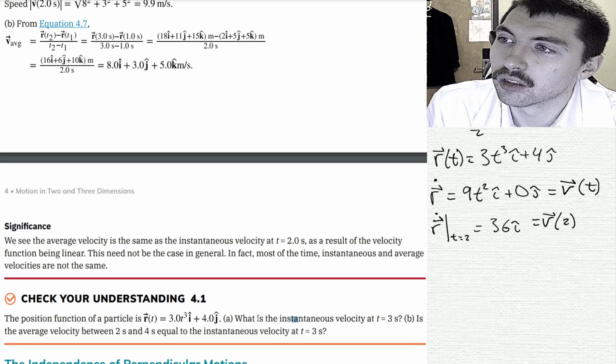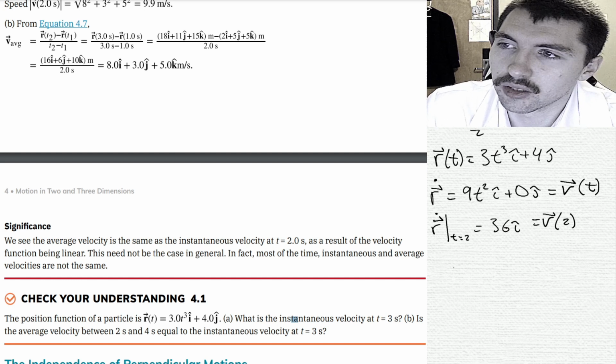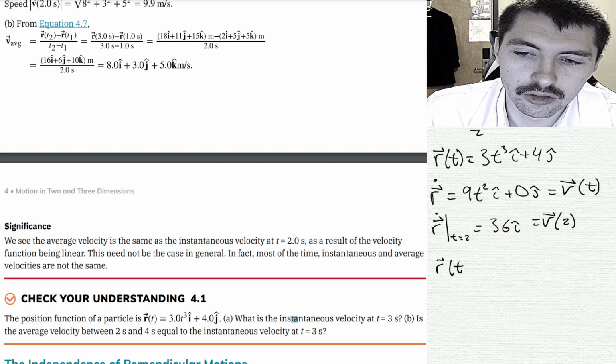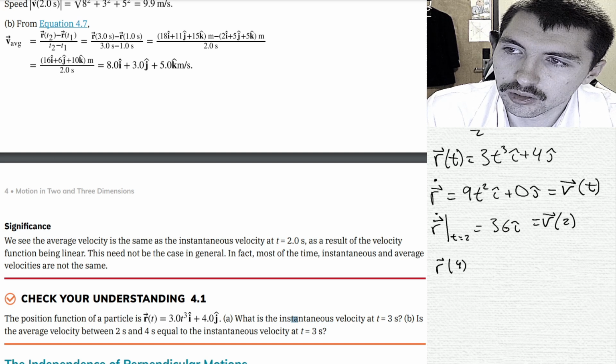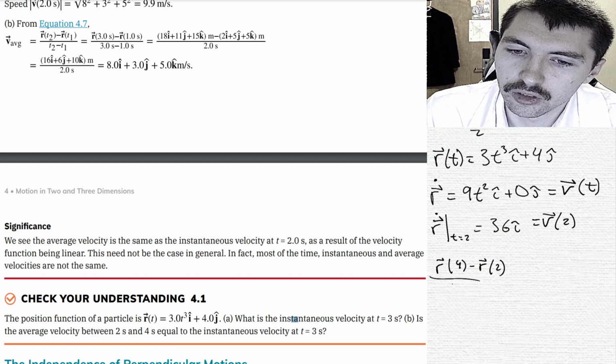They want to know if it's the same, so we're going to use the original position function. We're going to do r of 4 minus r of 2 over 4 minus 2.